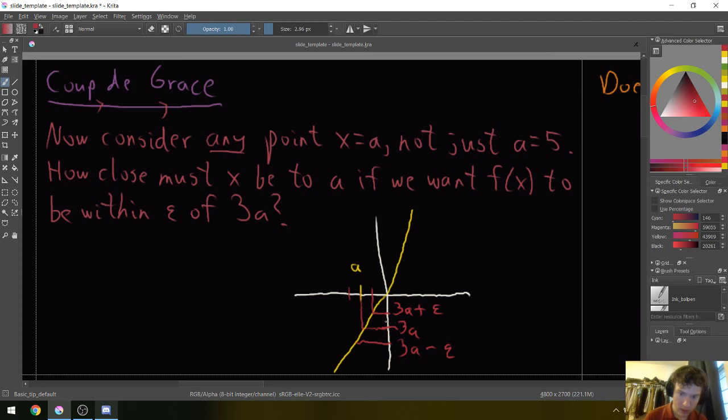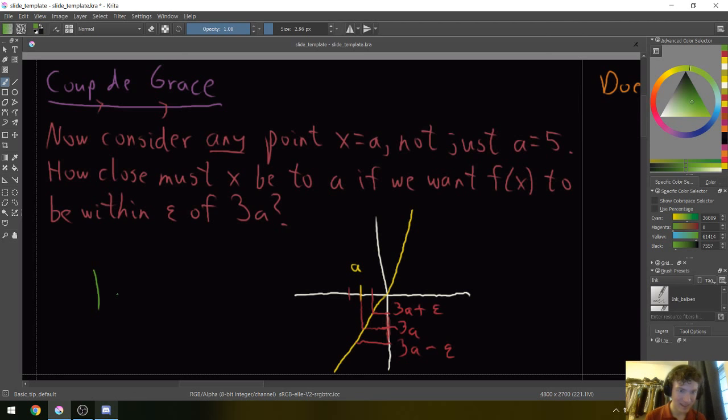So my question to you then is, in this case, for any a and epsilon, how close does x have to be to a for f of x, which is 3x, to be within epsilon of this target?